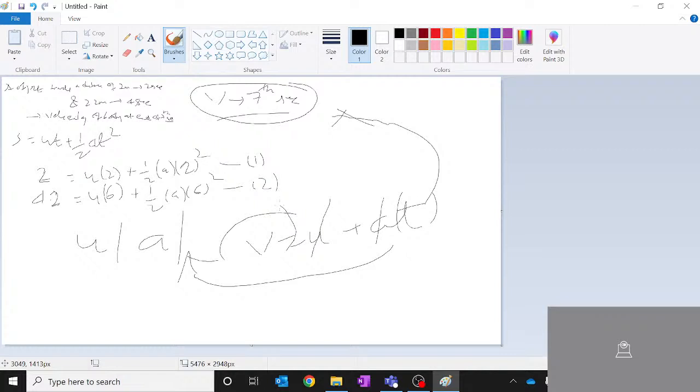Do not make the mistake of equating 2.2 for the next 4 seconds and miss the bus. The options would have been given for this scenario as well. They would be waiting for students to make this mistake, and you would pick that option in the exam thinking it is the right answer. You will come home, see the key, and say, such a silly mistake, how did I miss this? Understand this.